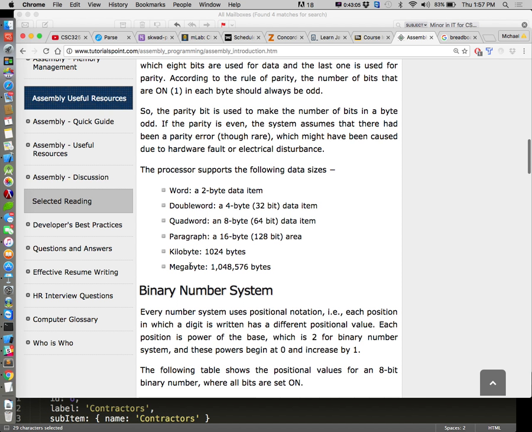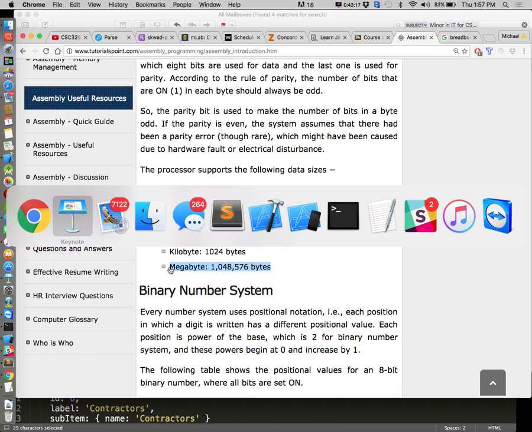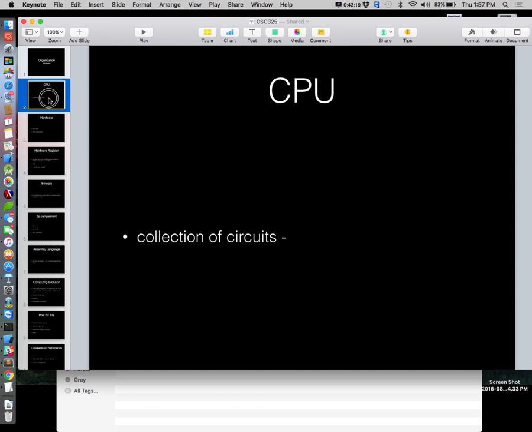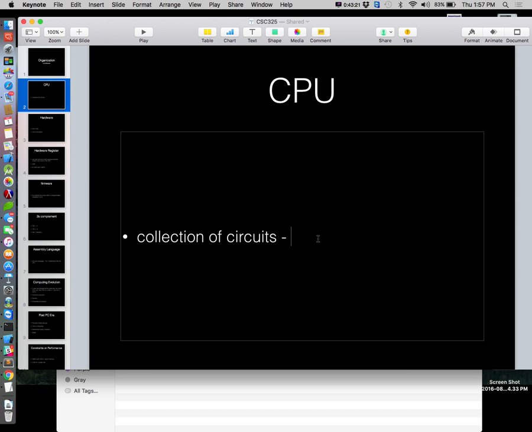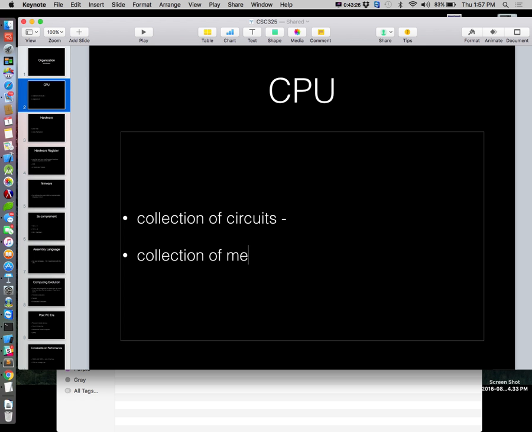You looked at this stuff a little bit. This is just multiples of bytes. Now some of our hardware can hold 1 megabyte at a time. Specifically, we're dealing with the various caches on your CPU. So if we think about our CPU, it's a collection of circuits. It's also a collection of memory locations.